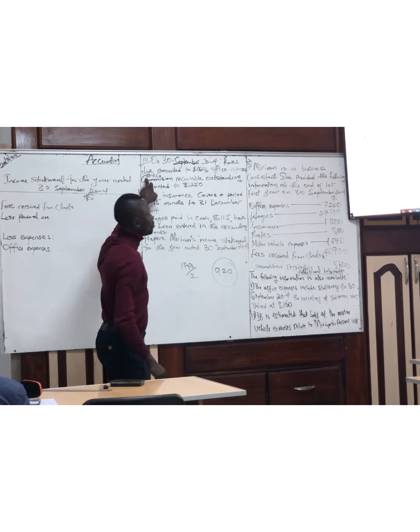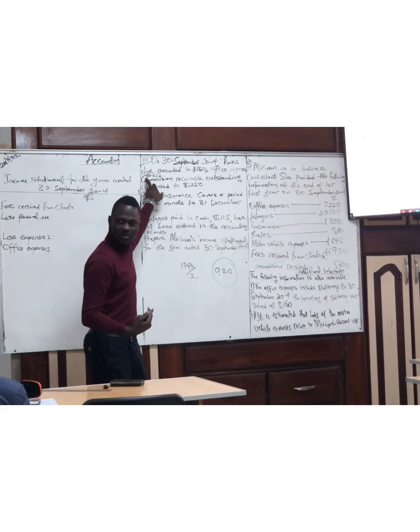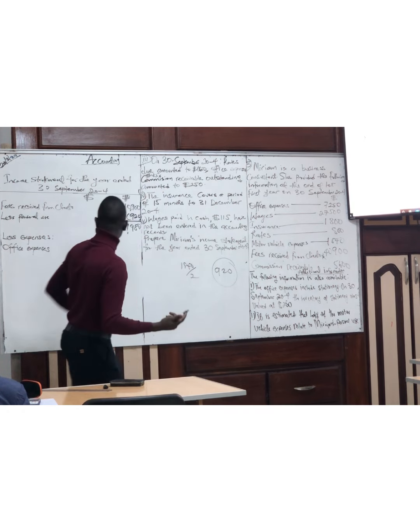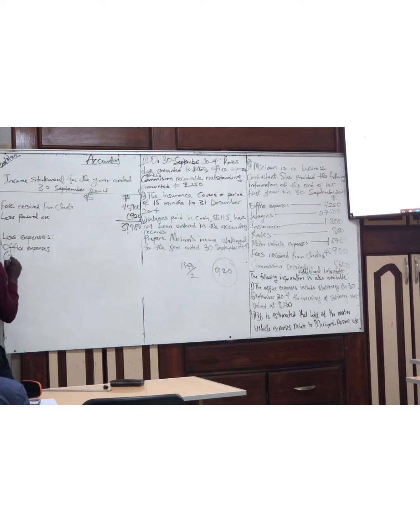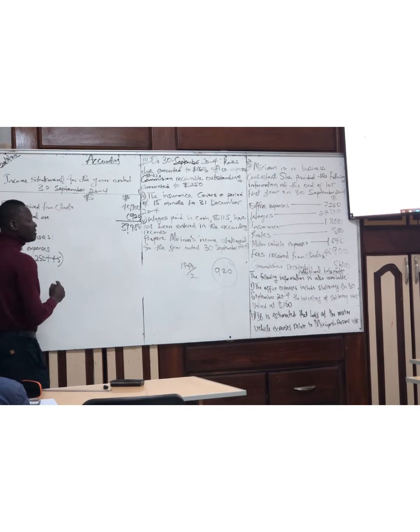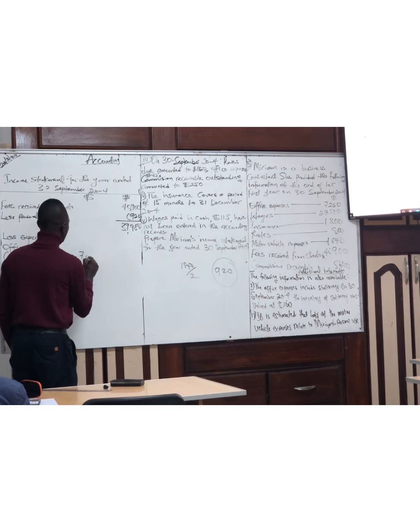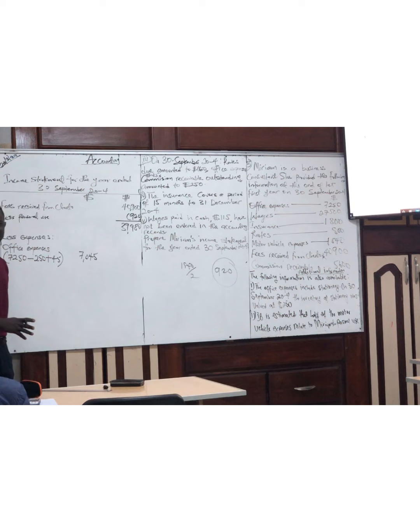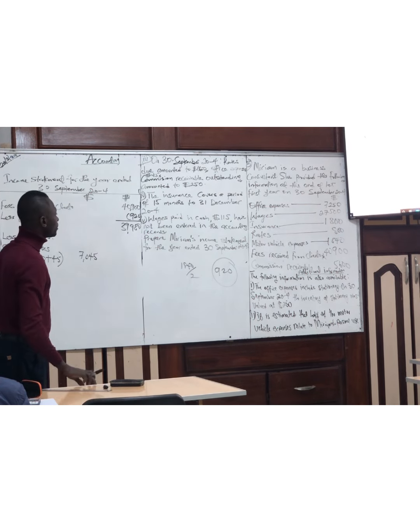Office expenses due, $45, you add to your expenses. So for office expenses, we're going to have 7,250 minus the value of the stationery, which is 250, plus the one due, 45. Add it all together, please. 7,045. Are you getting it, guys? Yes. Great. Now we move on.